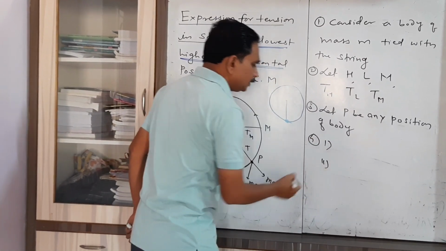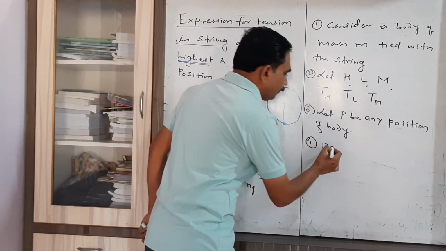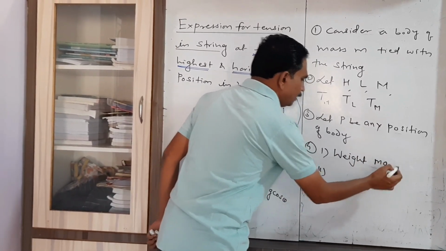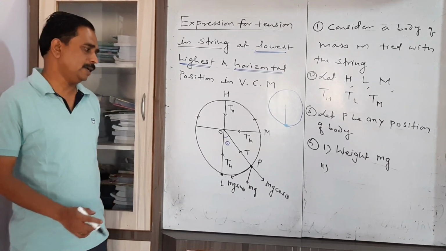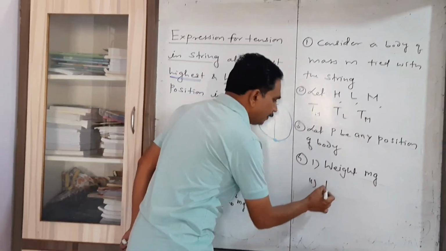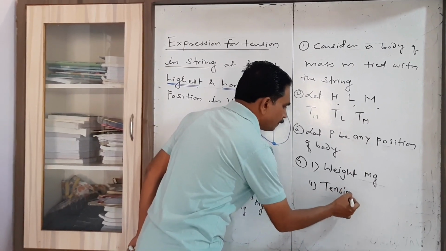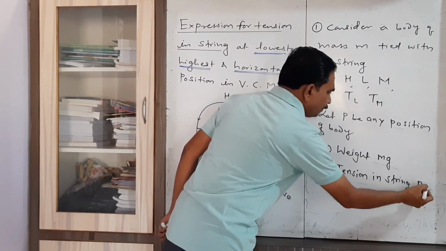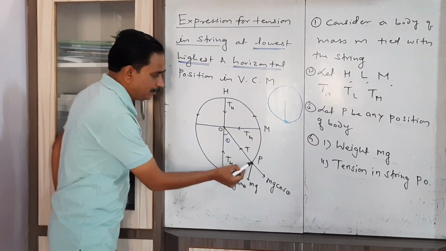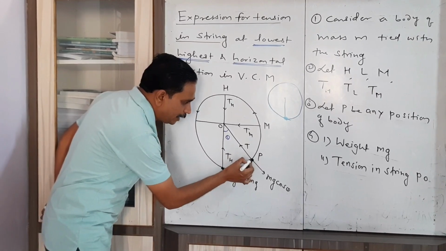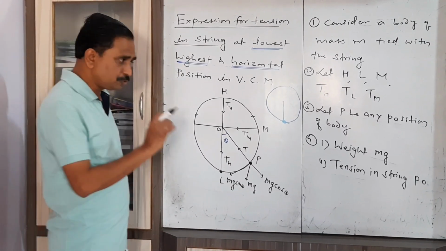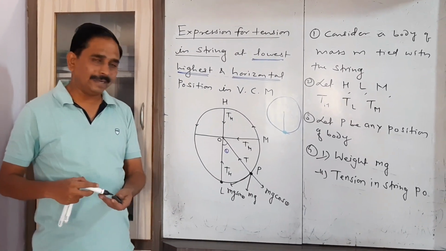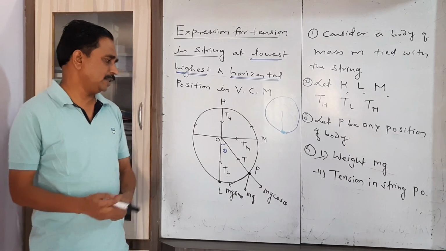There are two forces acting on that body. The first one is the weight of that body, which acts vertically downward, and the second one is the tension in the string, that is along PO as shown in the diagram. So when the body is at any position P, these two forces act on that body: the weight and the tension in the string.